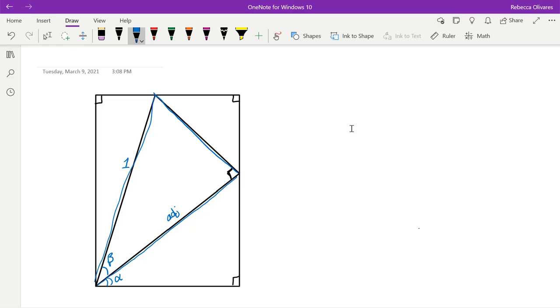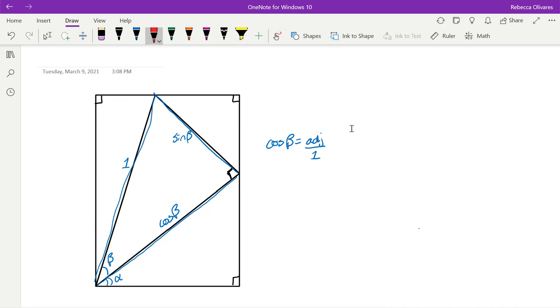Well, remember from SOHCAHTOA that the cosine of beta is equal to the length of the adjacent side divided by the hypotenuse. Well, the hypotenuse is just 1. So that means that the adjacent side is simply cosine of beta. And then you could probably easily figure out that the same, or similar, is going to be true for the opposite side. The opposite side is just going to be sine of beta.